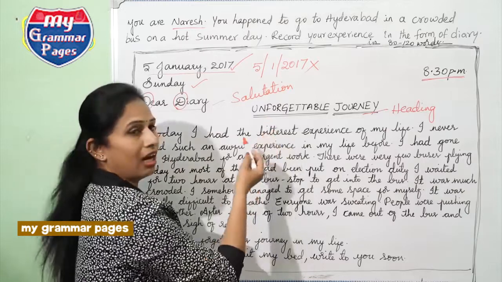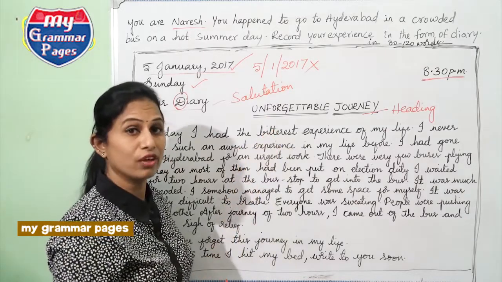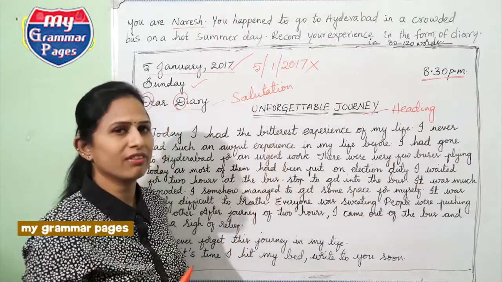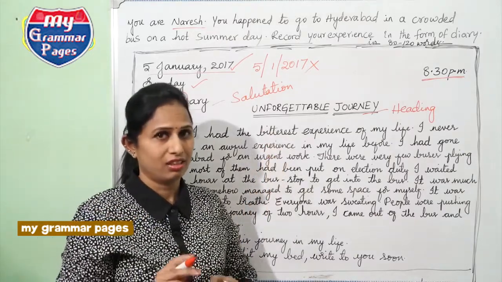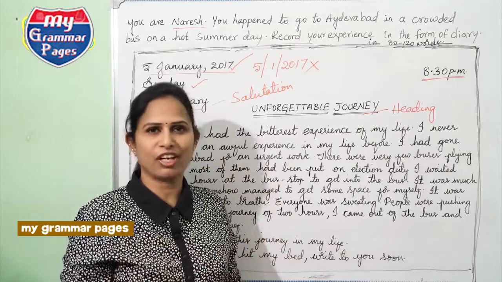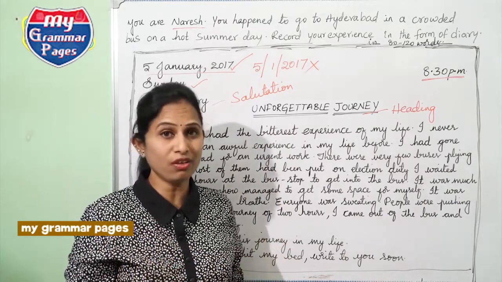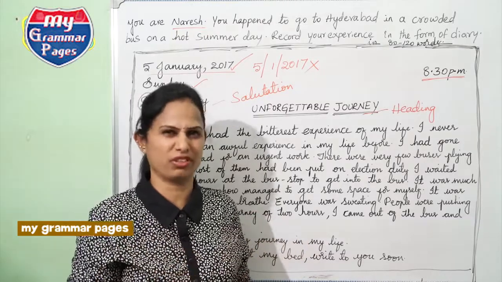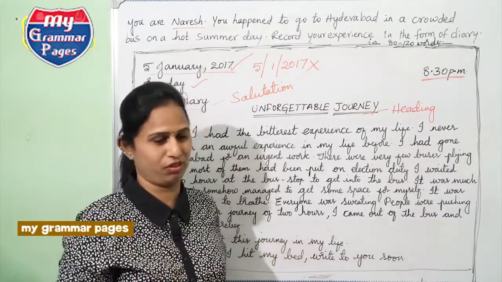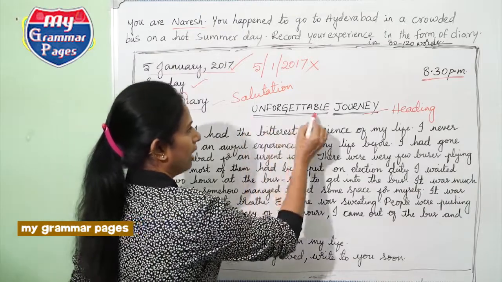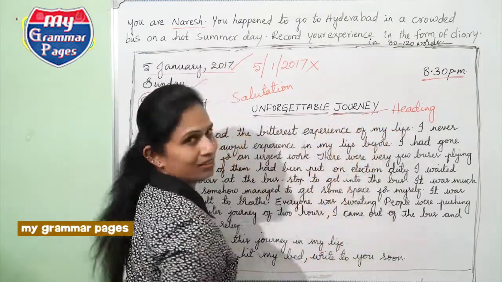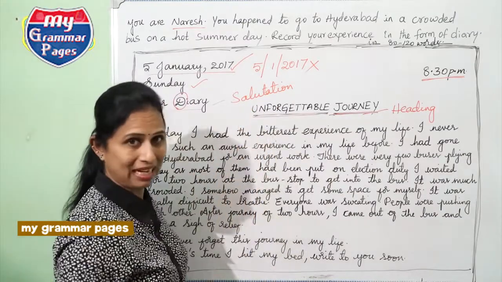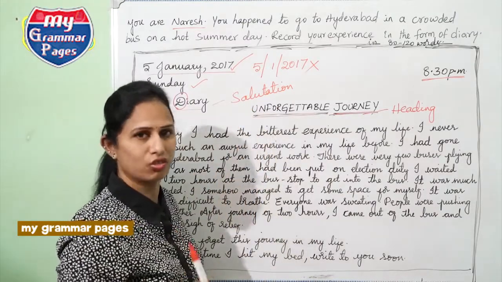I put it as Unforgettable Journey. Anyone can understand it in any way. It can be a memorable journey where you have experienced a lot of relief, or a journey which made you uncomfortable. I have underlined this heading, and I want to repeat, these two are not mandatory. They are optional to write.